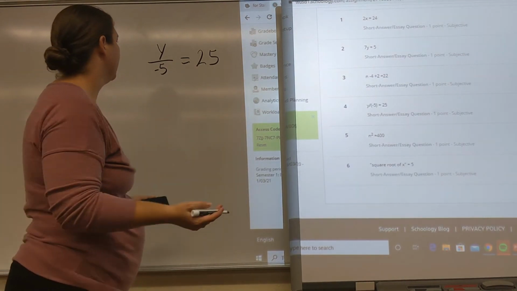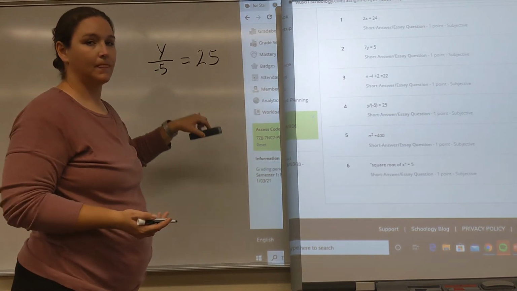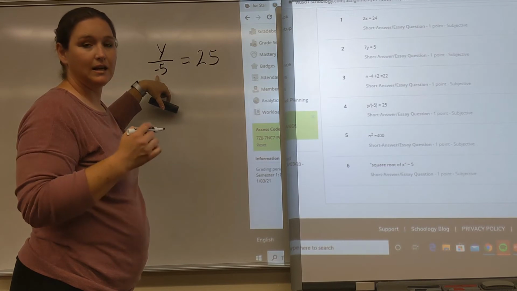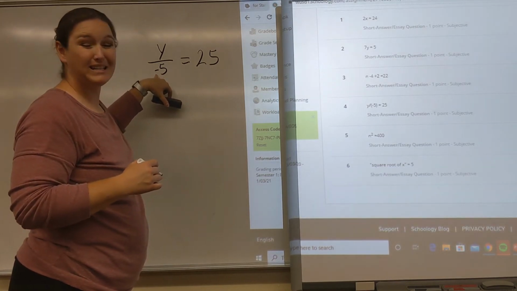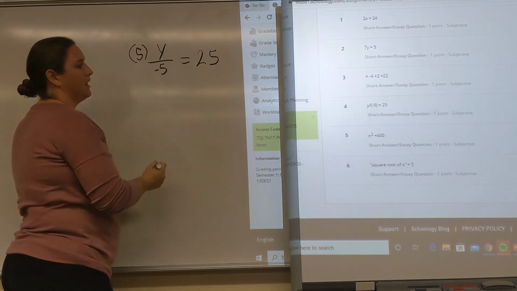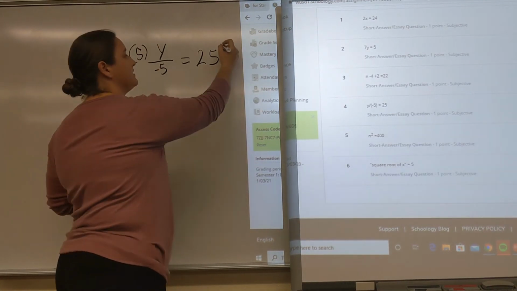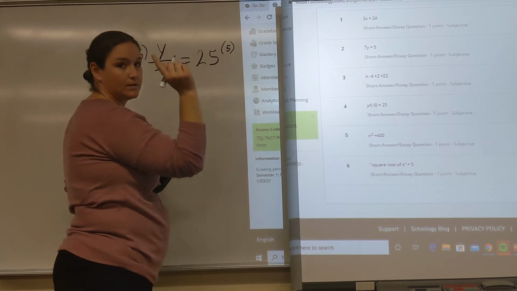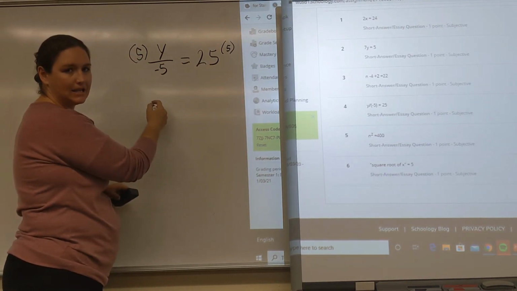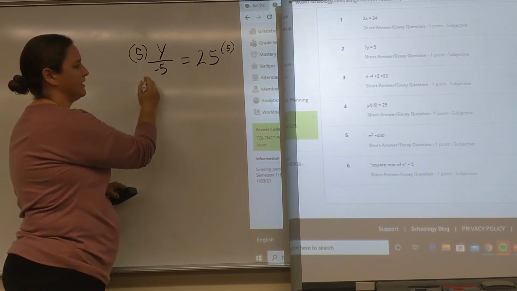Okay. Now, you'll notice that this also has a negative here. If we multiplied both sides by a positive 5, because remember what we do to one side we do to the other side, then we're still going to end up with a negative over here on this side.